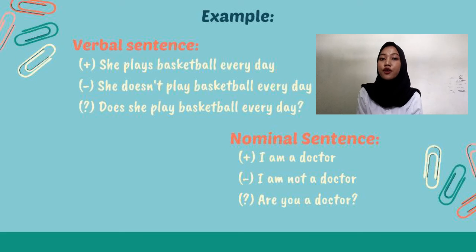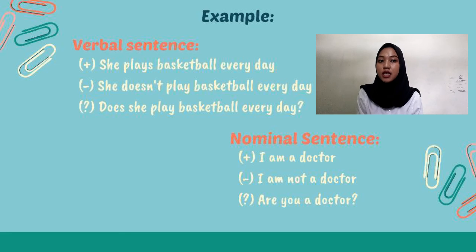And then for nominal sentence, I am a doctor. This is a positive sentence. Why do we use to be am? Because the subject is I. And then the negative sentence, I'm not a doctor.